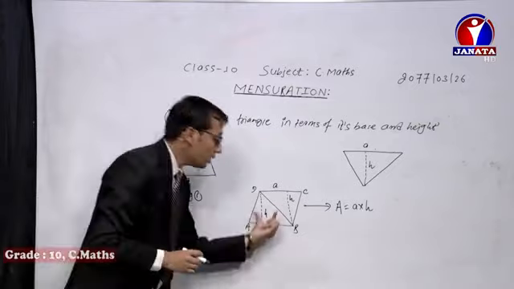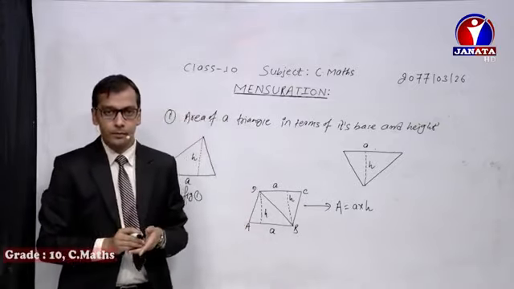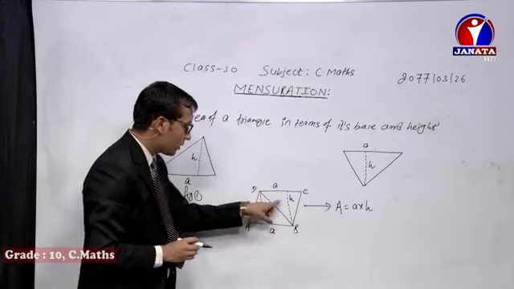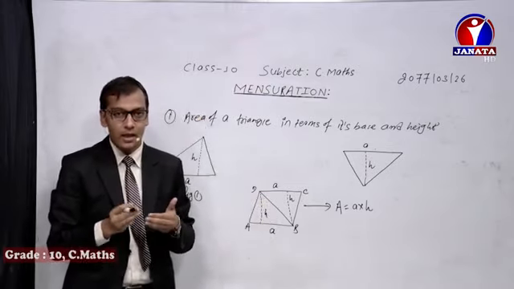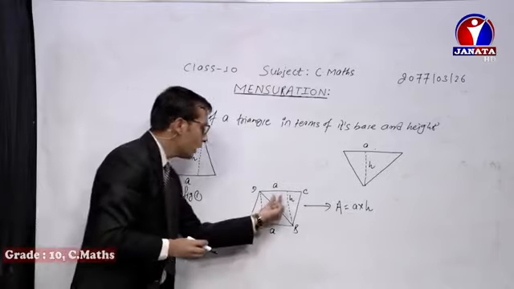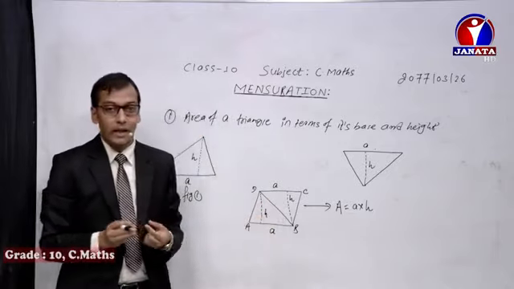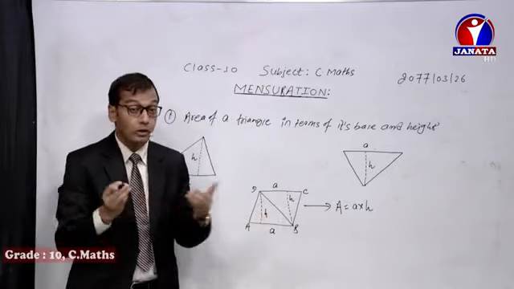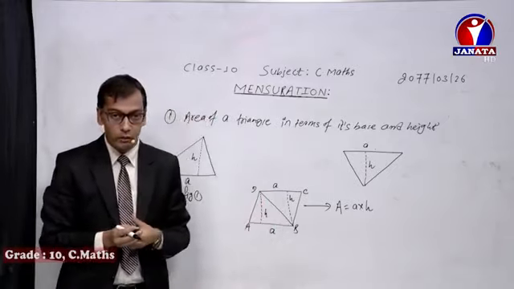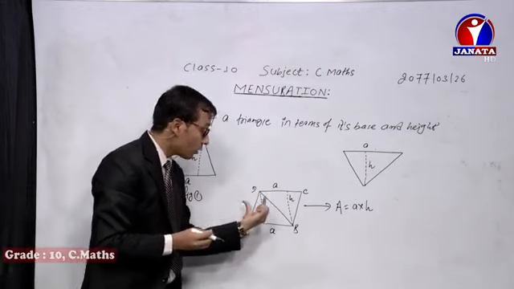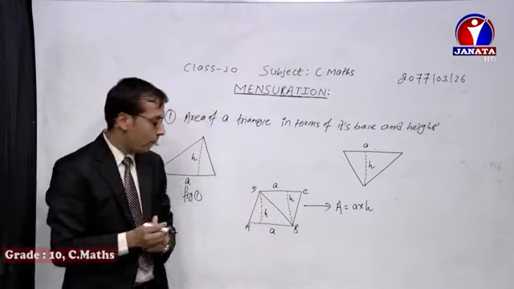Now why is the triangle half? Here these two triangles are congruent, meaning their areas are the same. We can show these two triangles congruent by the side axiom. If we show these two triangles are congruent, obviously the areas of congruent triangles are the same.